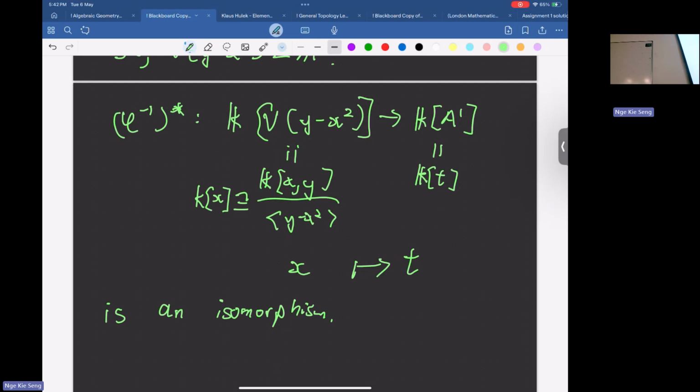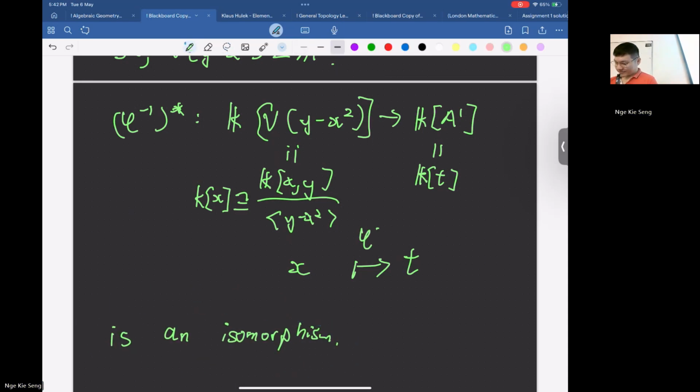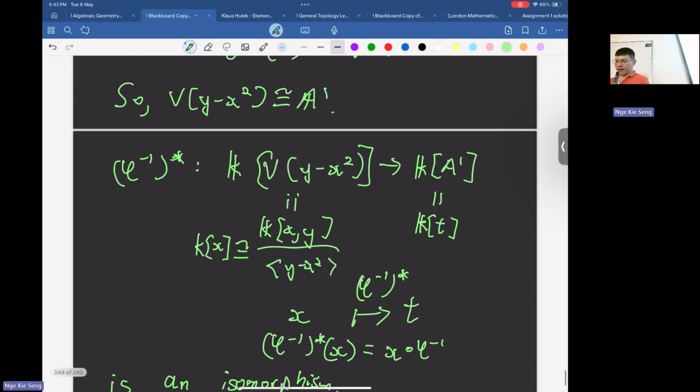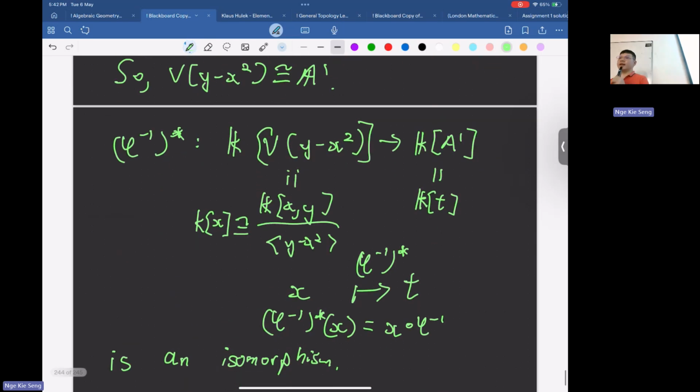It should get you t. Don't believe me? Try it. So phi inverse star on the function x, what do you get? You get x pre-composed with phi inverse. But phi inverse goes from where to where? t to (t, t squared).